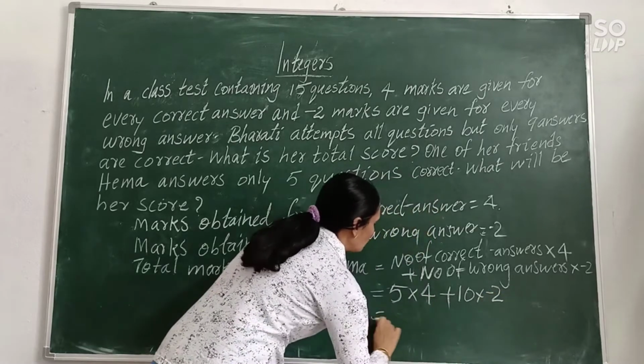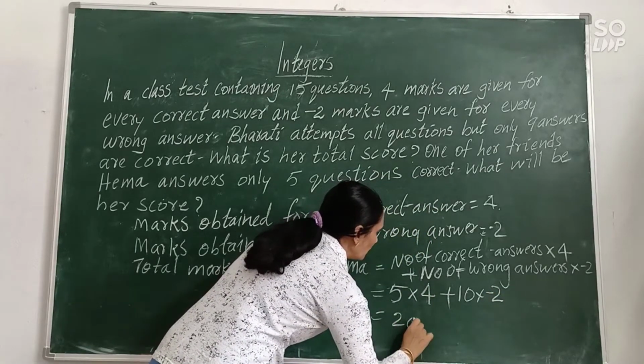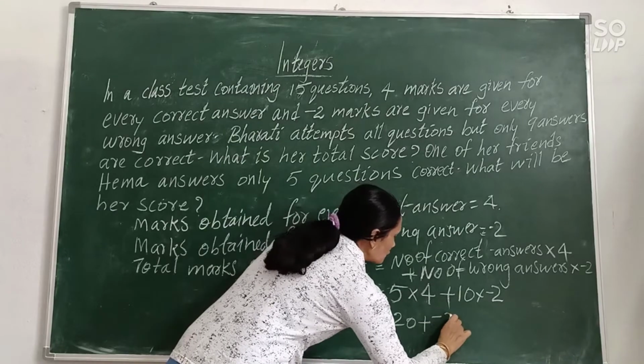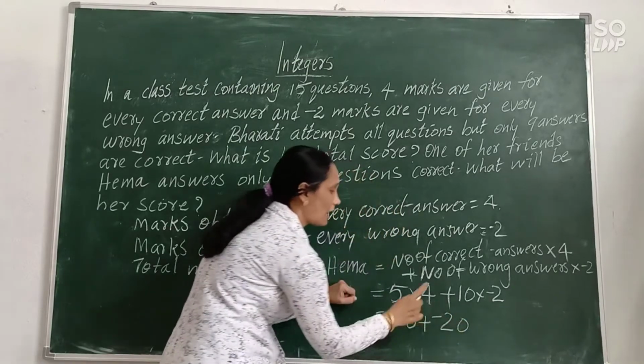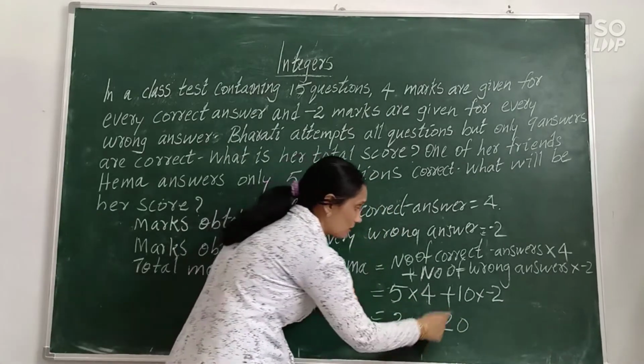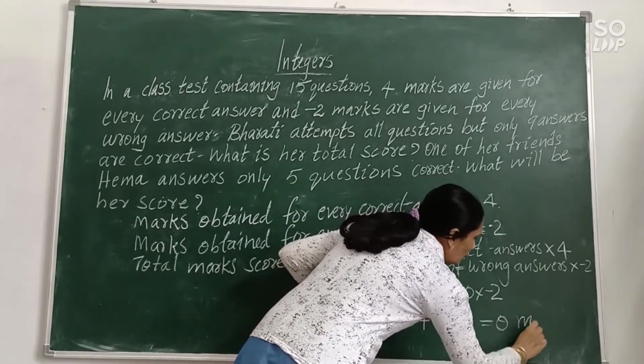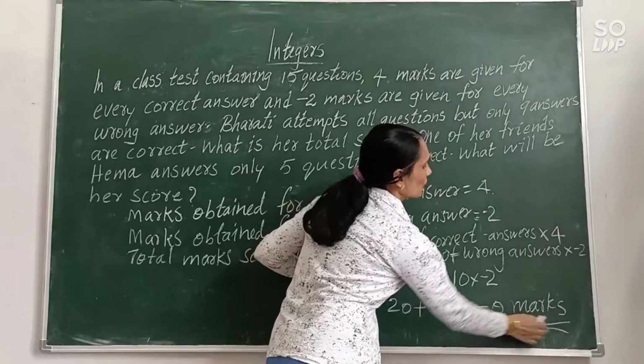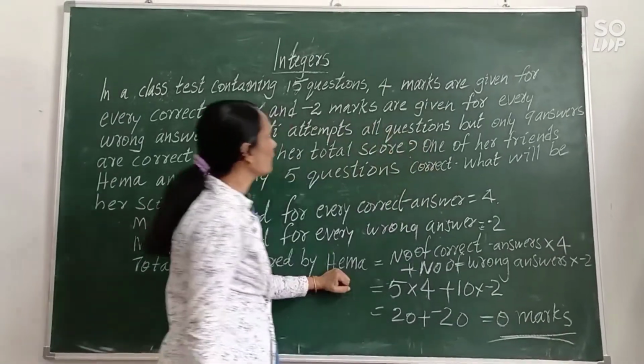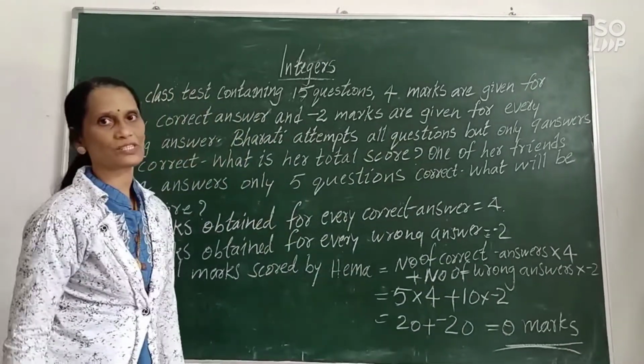So it's equal to 5 fours are 20 plus minus 20. Okay, minus 20 is the additive inverse of 20. So 20 plus minus 20 is equal to 0. Okay, what did she get? She got only 0 marks. So this way we can do the statement problems.